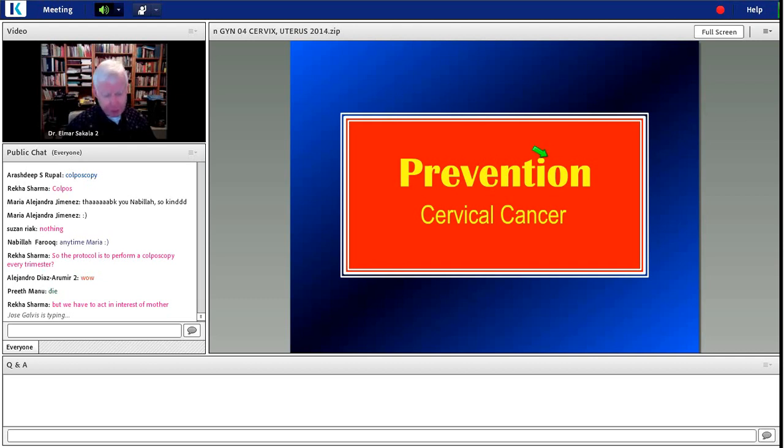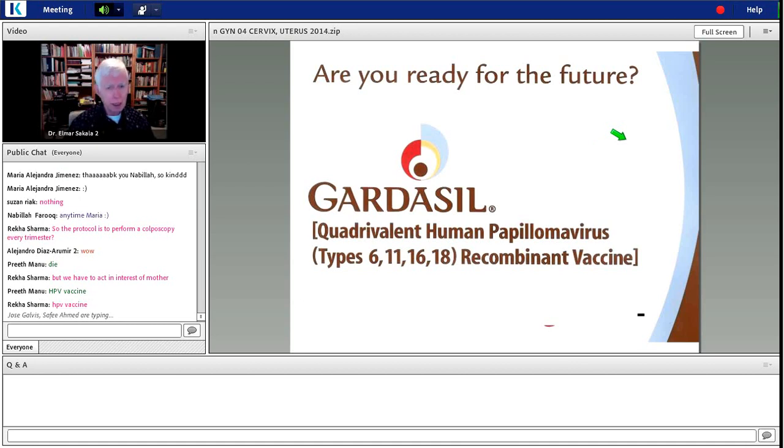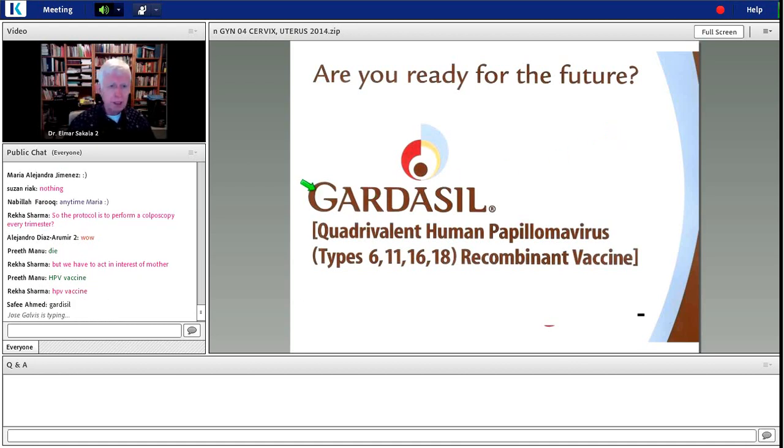Okay. So we've talked about dysplasia, we've talked about invasive cancer. Let's look at prevention. What can we do to prevent cervical cancer? And we can give the HPV immunization. This is Gardasil.